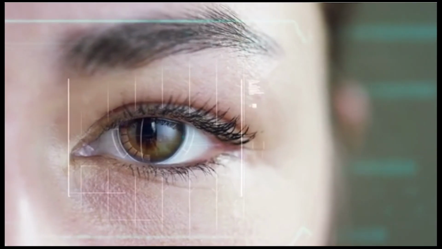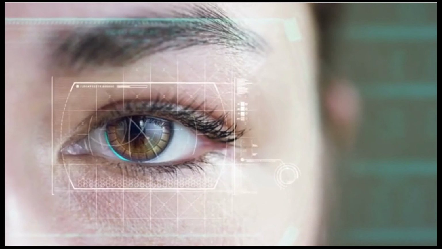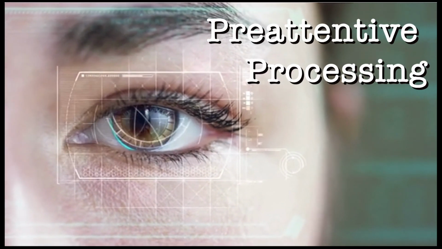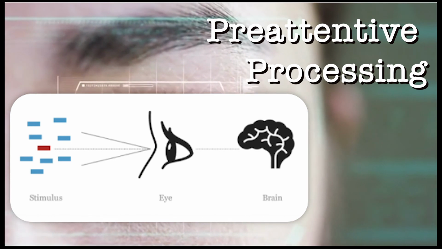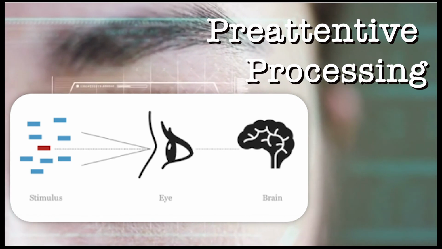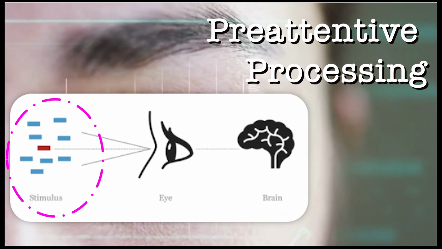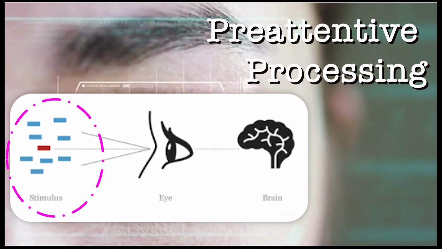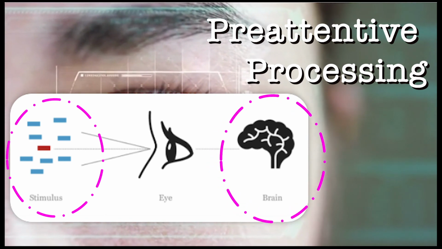In the area of visual perception, researchers have worked for years with a concept called pre-attentive processing. Pre-attentive processing is a human perception process that detects a specific set of visual attributes called pre-attentive attributes, for example, color, form, texture, and orientation, and these pre-attentive attributes determine what information catches our attention.